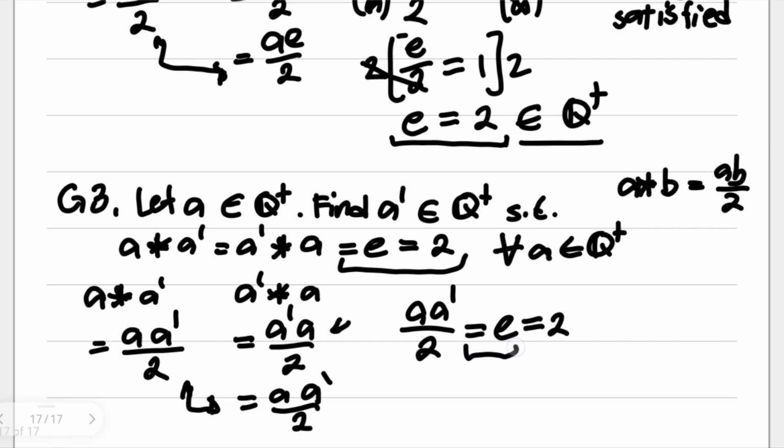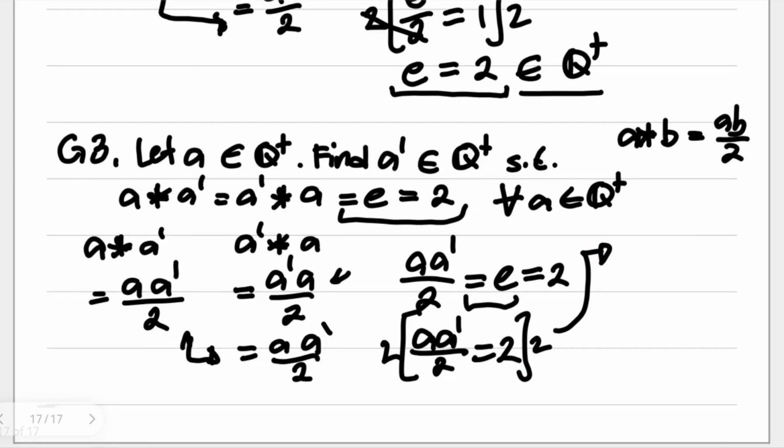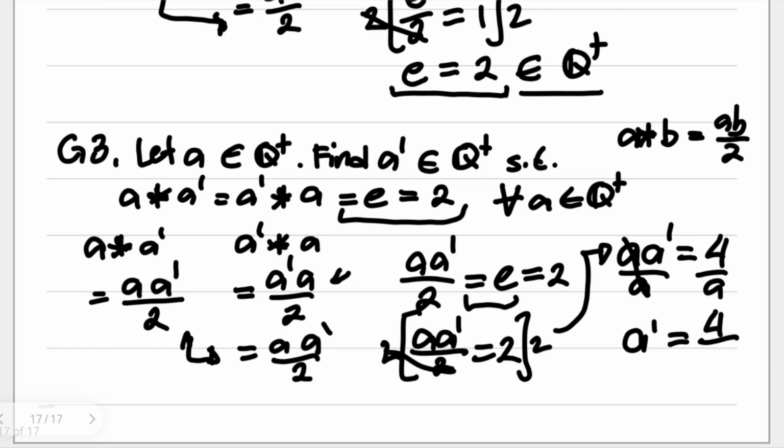Cancelling A, you will have A inverse over 2 equal to 2. Multiplying 2 on both sides, you will have A inverse is equal to 4. Dividing both sides by A, our A inverse must be represented as 4 over A.